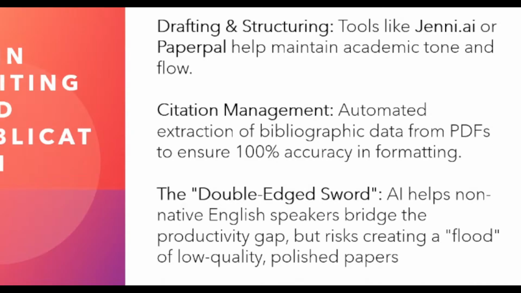But it is a double-edged sword. What is that? It helps non-native English speakers to bridge the productivity gap, but risks creating a flood of low-quality polished papers. So you have to be very careful while doing such jobs, writing and publication. We can go to the next.